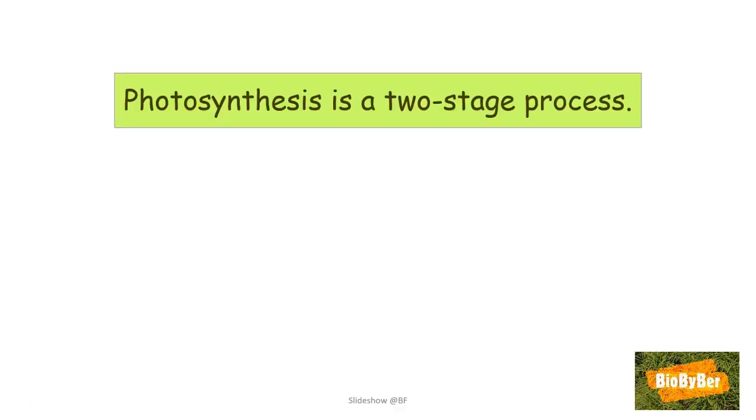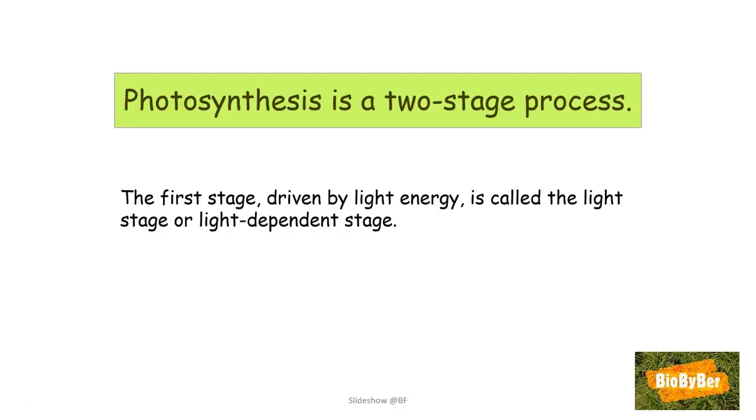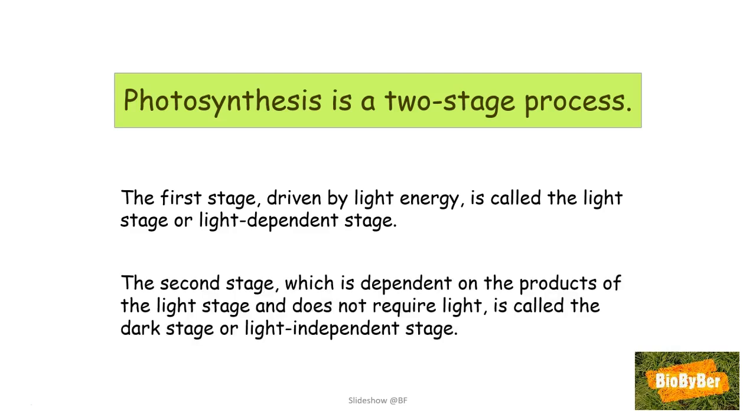Photosynthesis is a two-stage process. The first stage, driven by light energy, is called the light stage or the light-dependent stage. The second stage, which is dependent on the products of the light stage and does not require light, is called the dark stage or the light-independent stage.